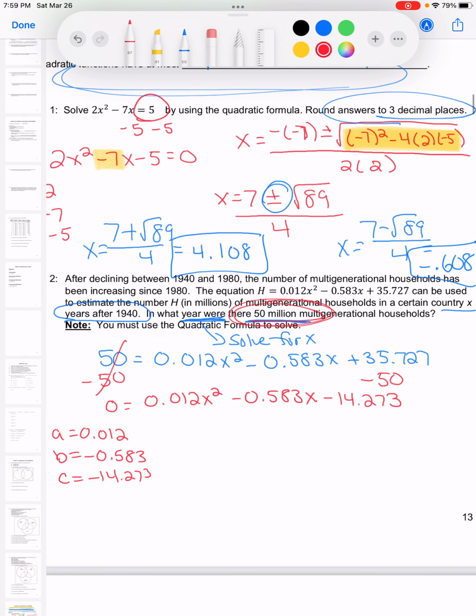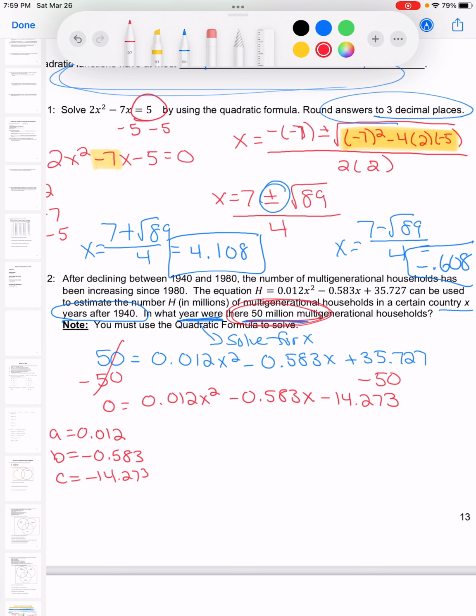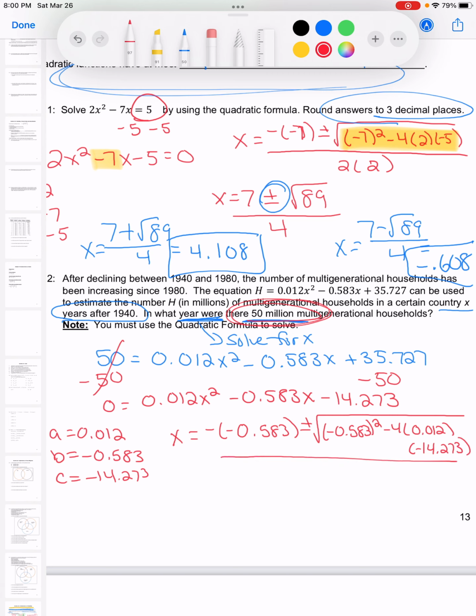Maybe zoom in a little bit to give myself some space, because all these decimals are going to be nasty to write out. No fun typing in your calculator either. So it's going to be B squared minus 4AC, all of that over 2A.